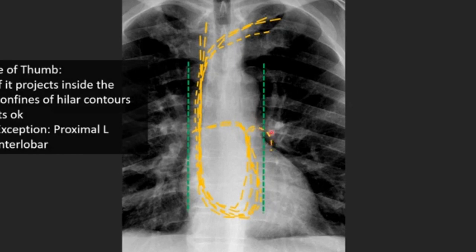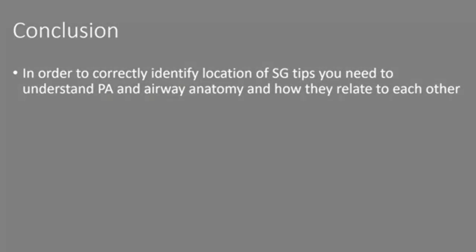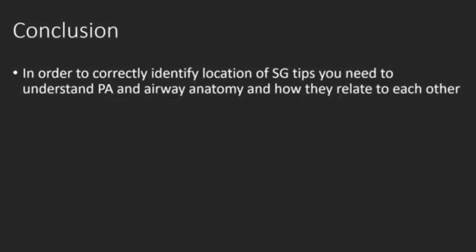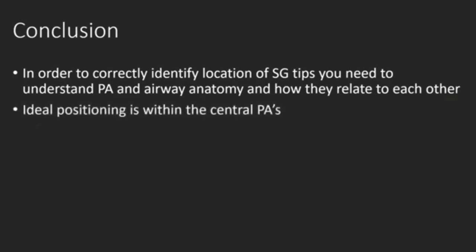In order to correctly identify the location of your Swan-Ganz catheter tip, you need to understand your PA and airway anatomy and how they relate to each other. Ideal positioning is within the central pulmonary artery, which is usually medial to the hilar contours, and distal placement, particularly if prolonged, can lead to complications like pulmonary infarction or pulmonary aneurysm.